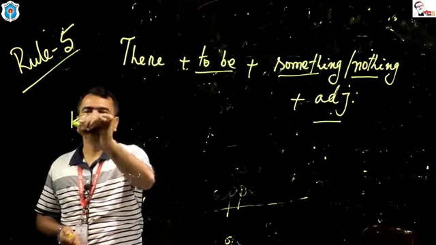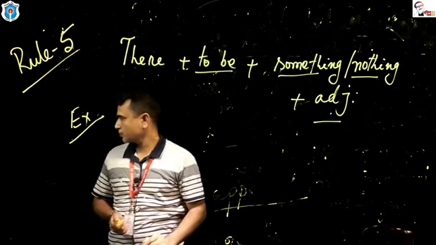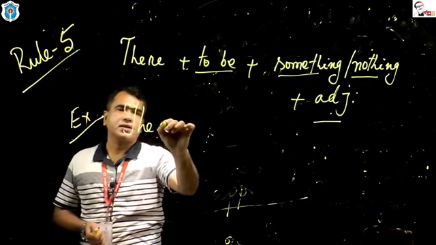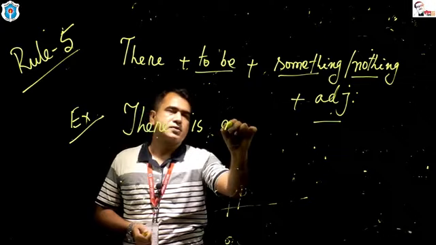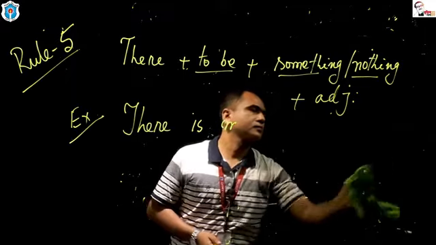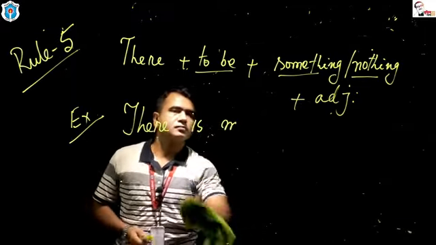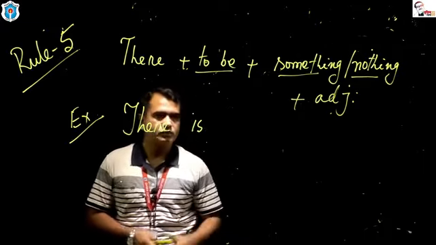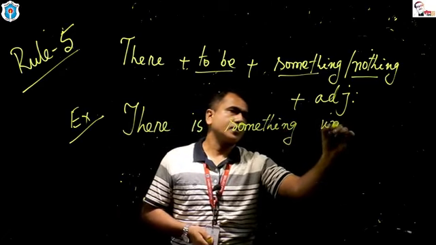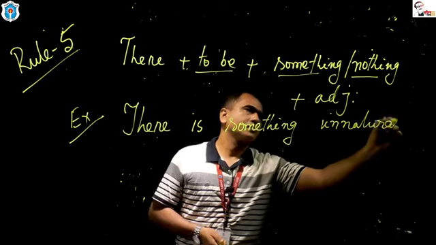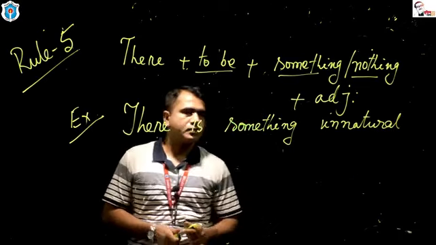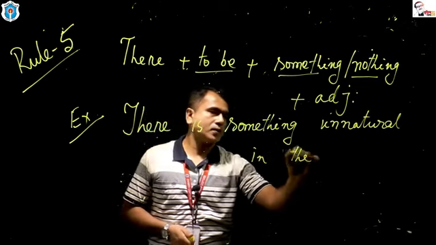That means we can use there with the words something and nothing. For example, there is something unnatural in the cottage.